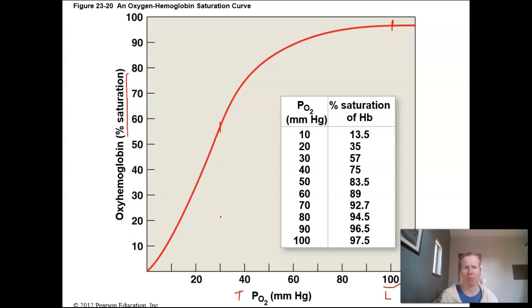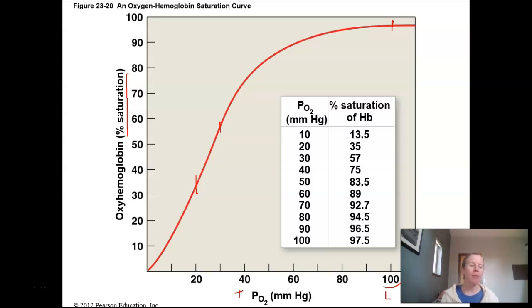If I went from, what was I at, maybe 30 down to 20, I have a pretty steep slope here. So a small change in PO2 can lead to a big change in how that oxygen is either bound or released. And this also gives us this automatic regulation of oxygen delivery. Places that have less oxygen get more oxygen.